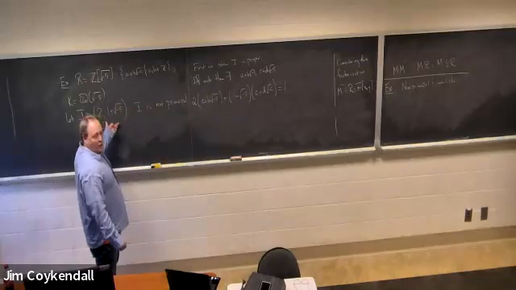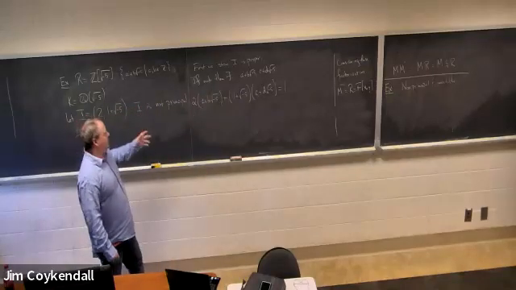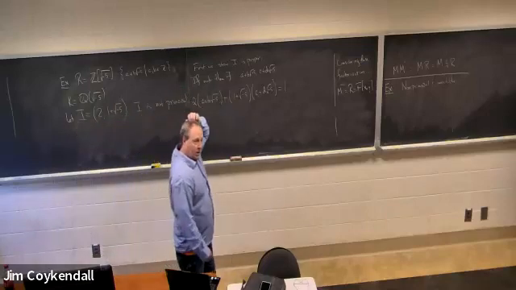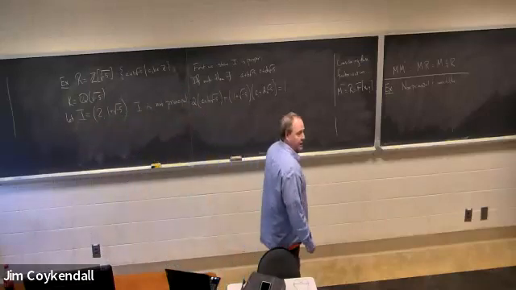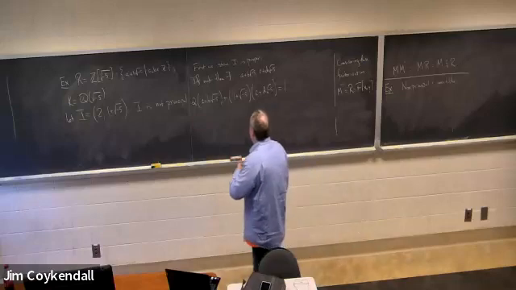If this ideal is the whole ring, then there must be a linear combination of 2 generators that gets you 1, right? So what the heck is this?